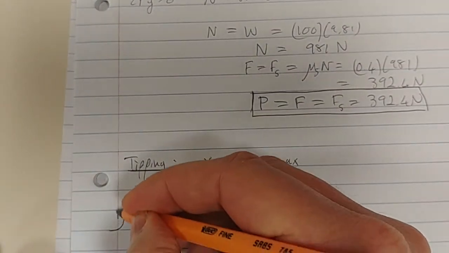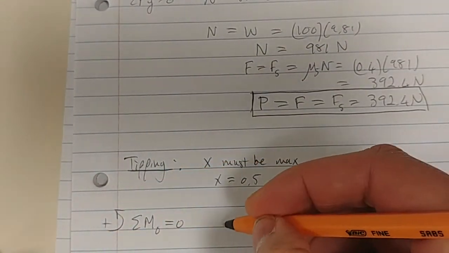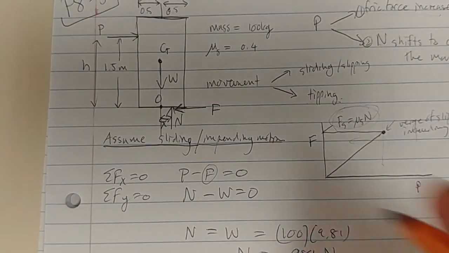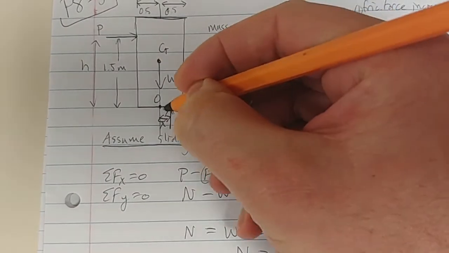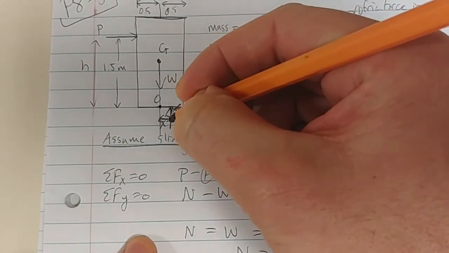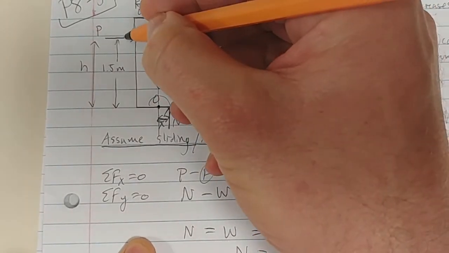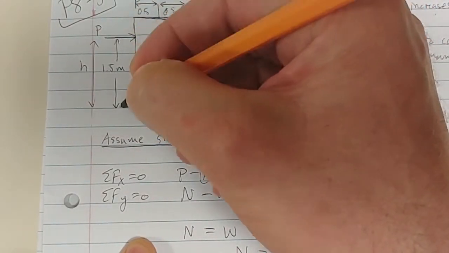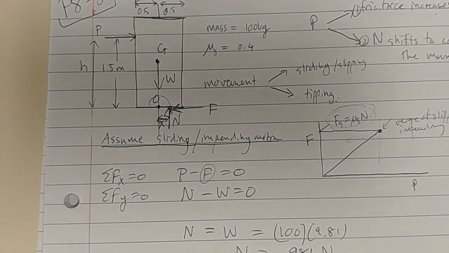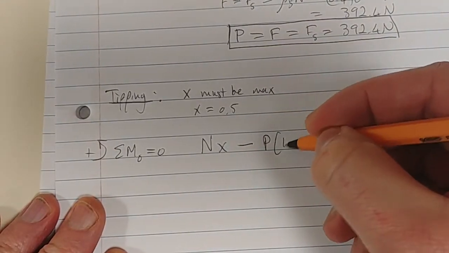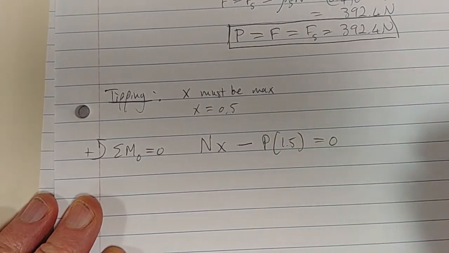So if we say counterclockwise is positive, we're going to say N times X. We're taking moments of that force about that point, so it's counterclockwise, minus P times H, P times 1.5, equals 0.